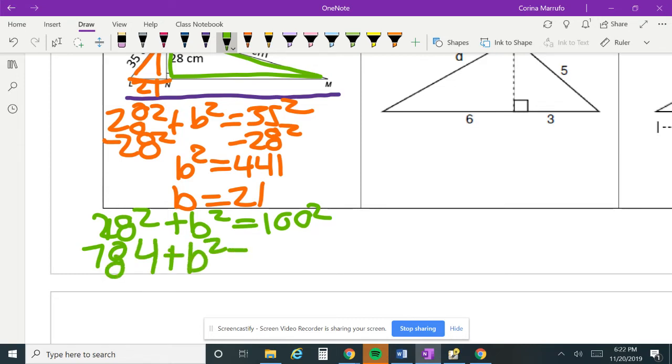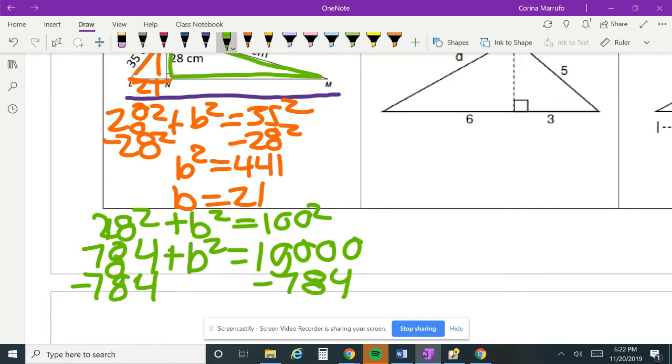Plus b squared equals 100 squared, which is 10,000. We subtract the 784 from 10,000, and that gives us 9,216.